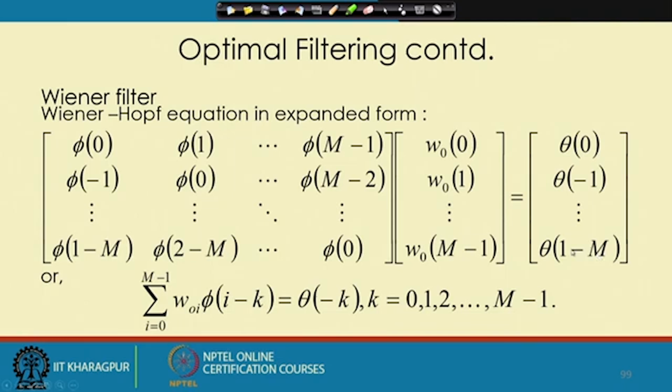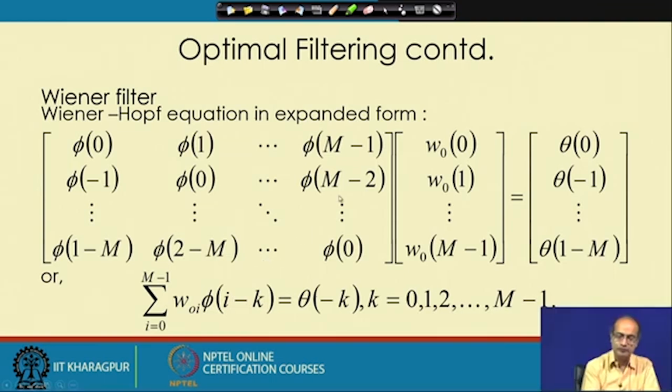For simplicity you can write it in terms of m minus 1 and 1 minus m, these two terms are the same, so we can replace it in that way also.